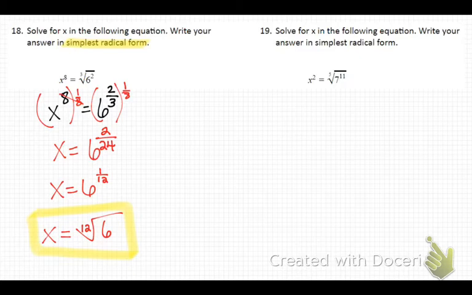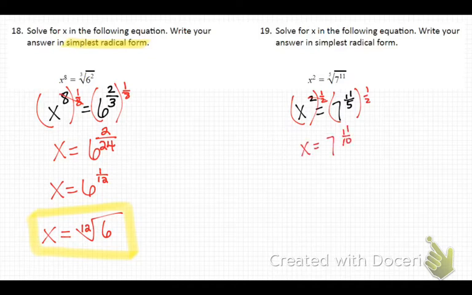Can you try number 19, please? Okay, I'm going to keep working until I think you stopped, okay? So I have x squared equals 7 to the 11/5. Is that true? Okay, and then my reciprocal power was 1/2. Perfect. So you guys wrote x equals 7 to the 11/10.